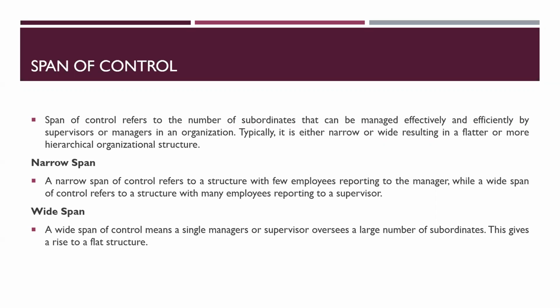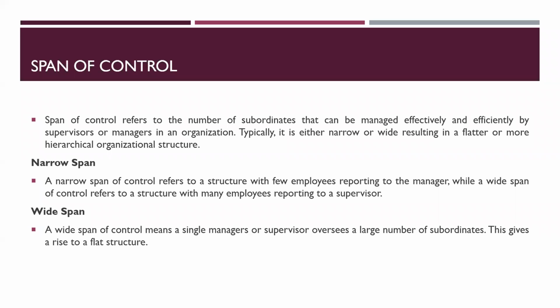If the manager is controlling 10 employees, the span of control is 10. If the span of control is 2, that means 2 subordinates report to the manager. So span of control basically means how many subordinates the manager is controlling.